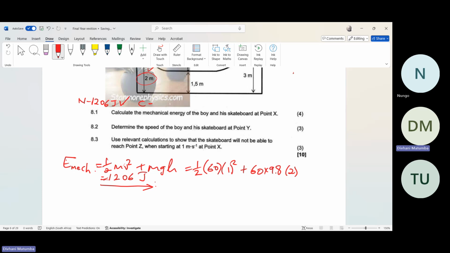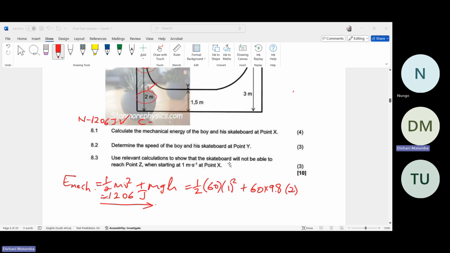Now determine the speed of the boy and his skateboard at point Y.